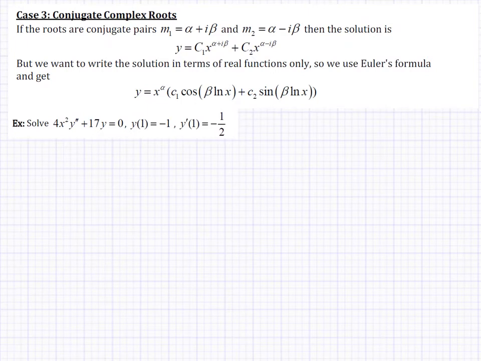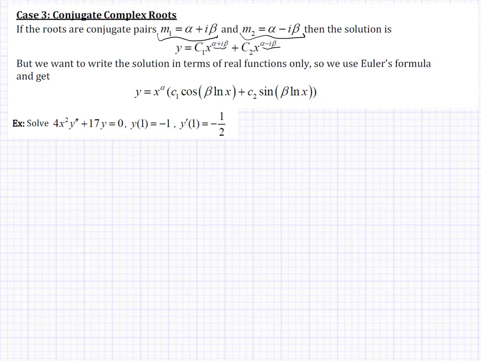Case 3, complex conjugates. So m1 equals alpha plus i beta, m2 equals alpha minus i beta. So technically we could write this as c1 x to the m1, alpha plus i beta, plus c2 x to the m2, which is alpha minus i beta. They are different solutions. They are linearly independent solutions.